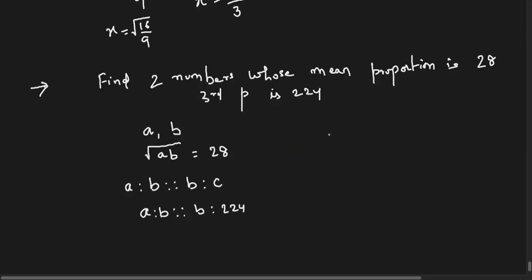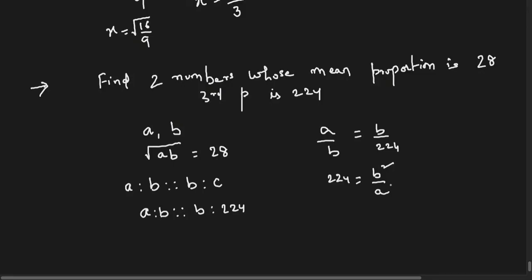Product of means equal to product of extremes, right? A by B equal to B by 224. 224 goes there, equal to B square by A. B square by A equal to 224.